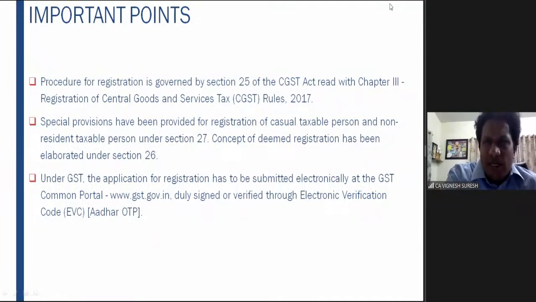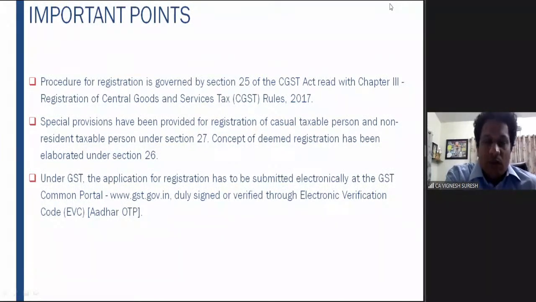Practically, I have seen multiple chartered accountants or tax consultants give their own mobile number and email ID when doing a GST registration for their client. I would suggest this is not at all a good practice. It puts chartered accountants in a bad light, because any future notices go to the email ID of the CA.